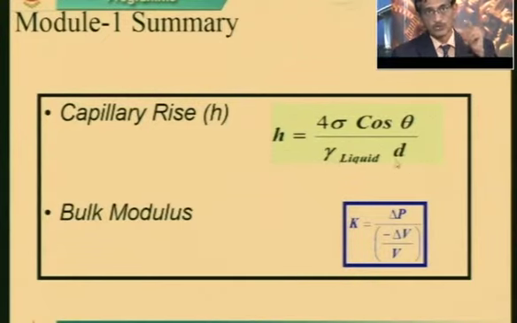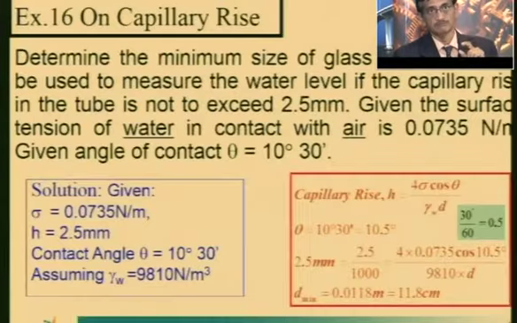So, we are going to use this formula, 4 sigma cos theta over gamma_L into D. At the same time we will take one problem on the bulk modulus K, which stands for change in pressure divided by volumetric strain. Delta P stands for change in pressure and the denominator stands for change in volume to original volume. Is it okay? So, based on these two we will solve the problem.